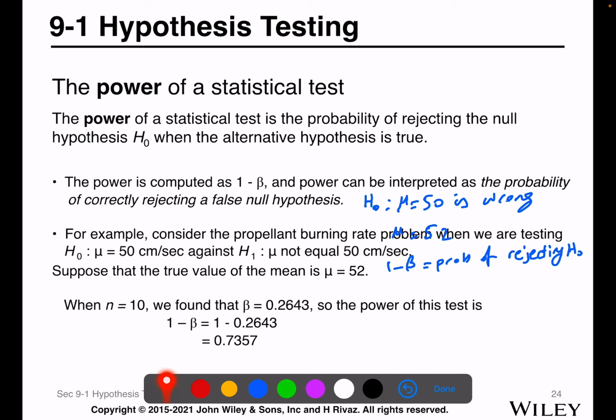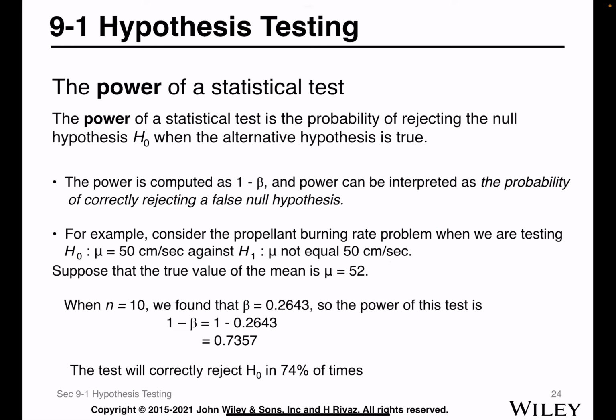So that means that power is 1 minus 0.26, which is 73%, so we will correctly reject H0 in 74% of the times. And that's usually not a very large power. We usually want like a 90% power. 70% is not considered very high. Any questions?